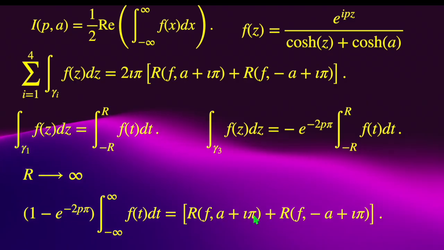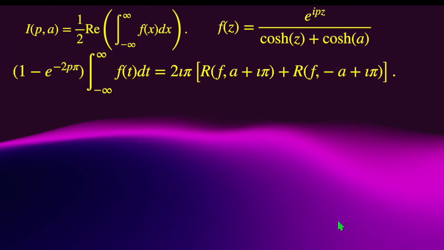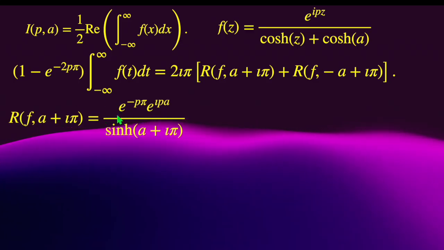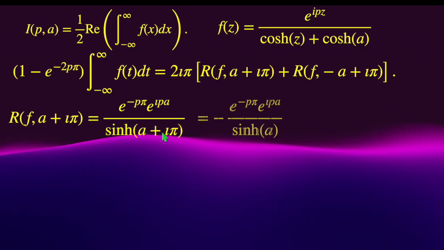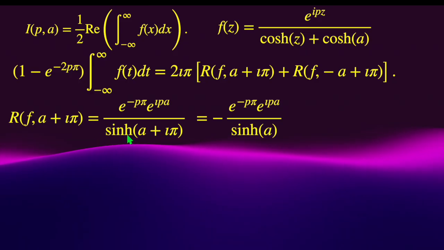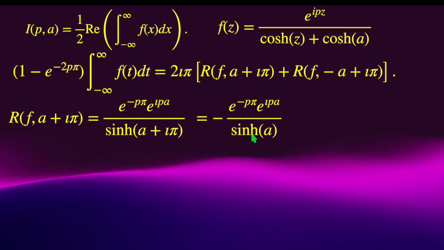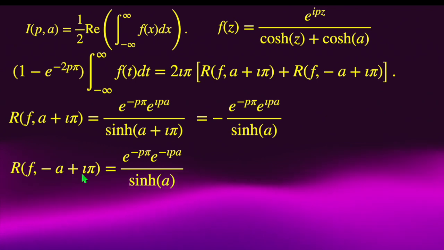Now we need to compute the residue of f at these poles. They are simple poles, and we use the formula, and we get this quantity over the derivative here. We use the definition of hyperbolic sine, and we get this formula, and the same for minus a plus iπ.